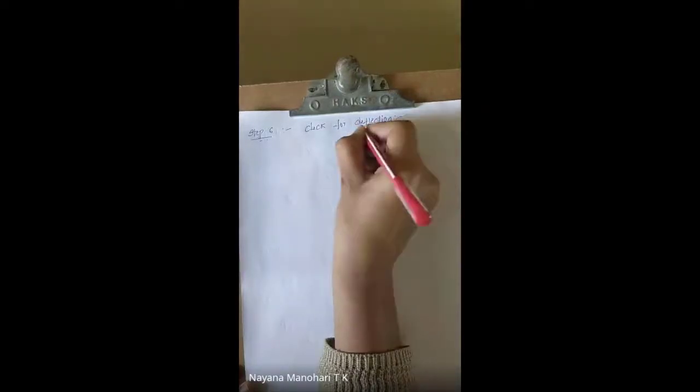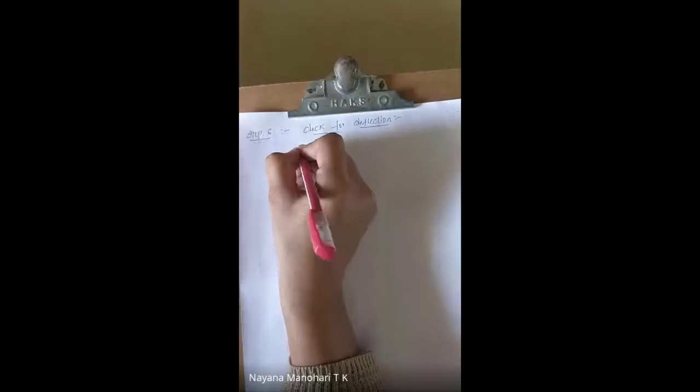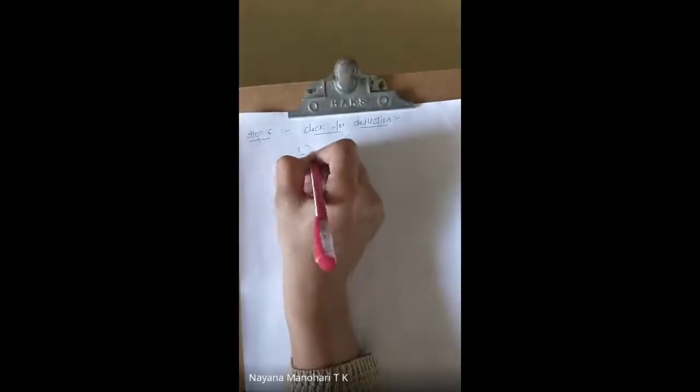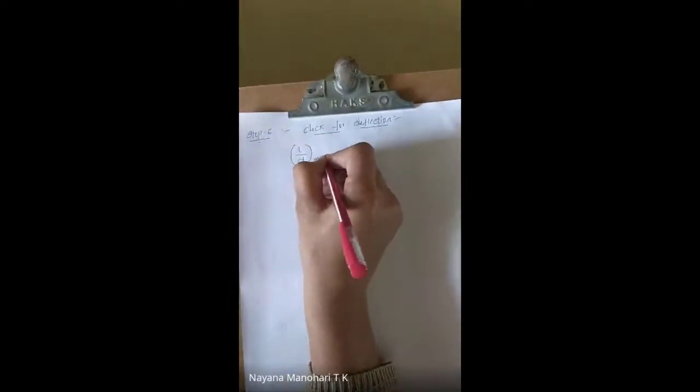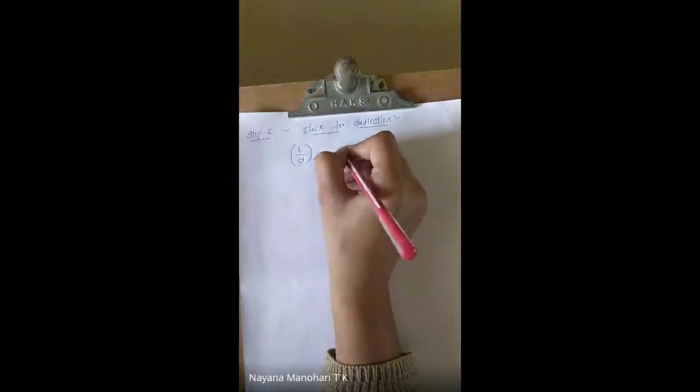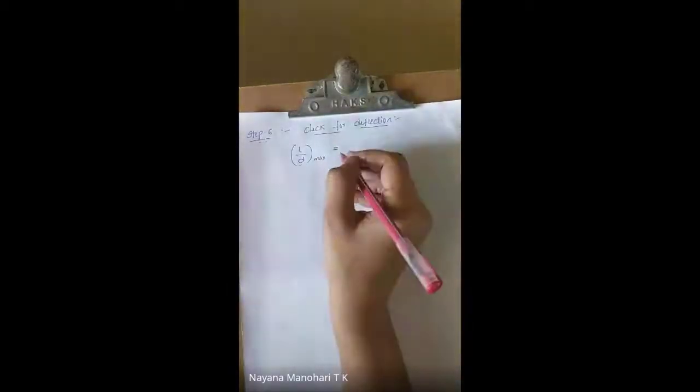Now to apply the check for deflection, first calculate L by D max. The L by D ratio, the maximum, is given by L by D max equals what?